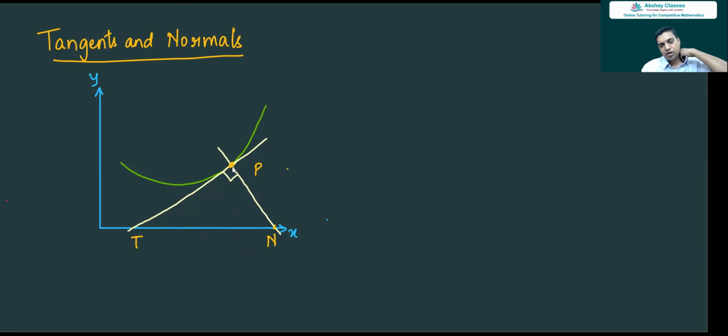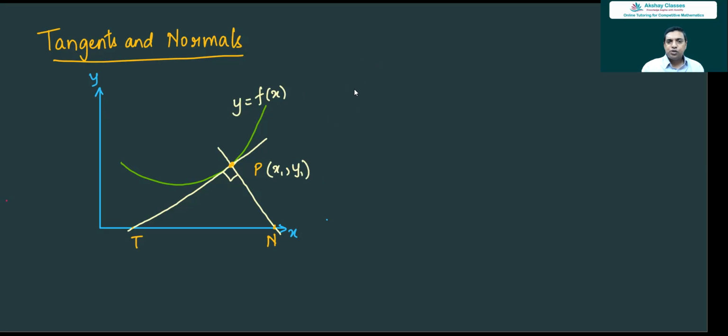All right. Now, let this curve be y equal to f of x. So y equal to f of x, at P, which is some point, say x1, y1.